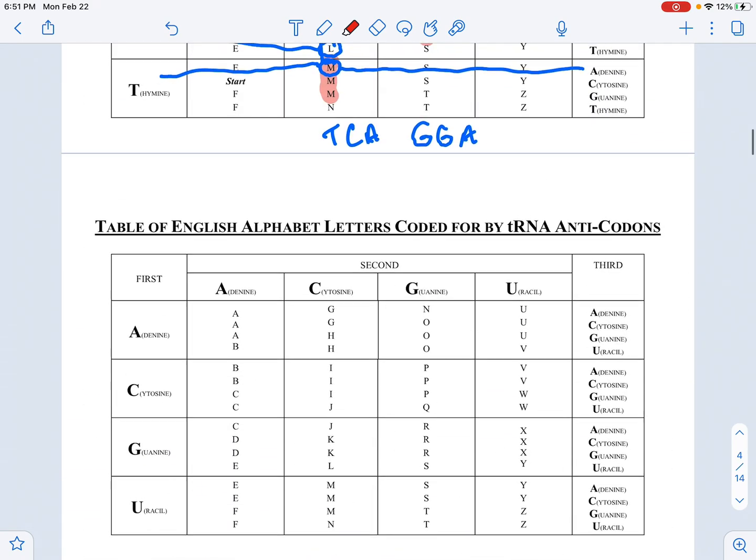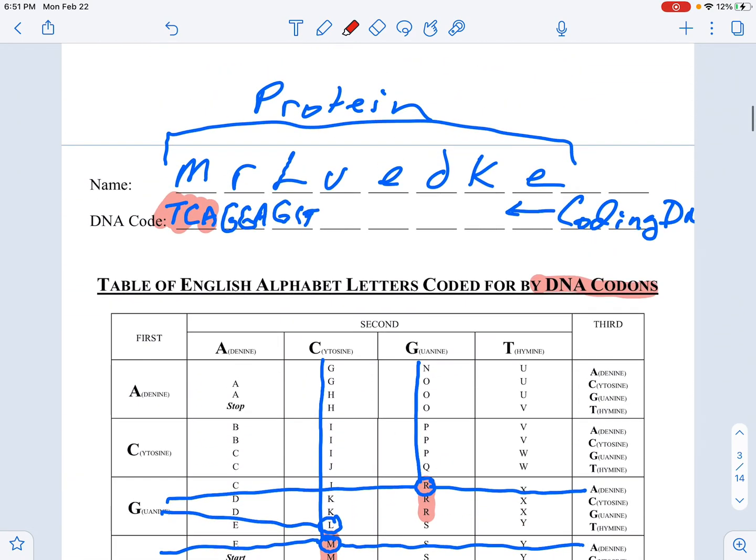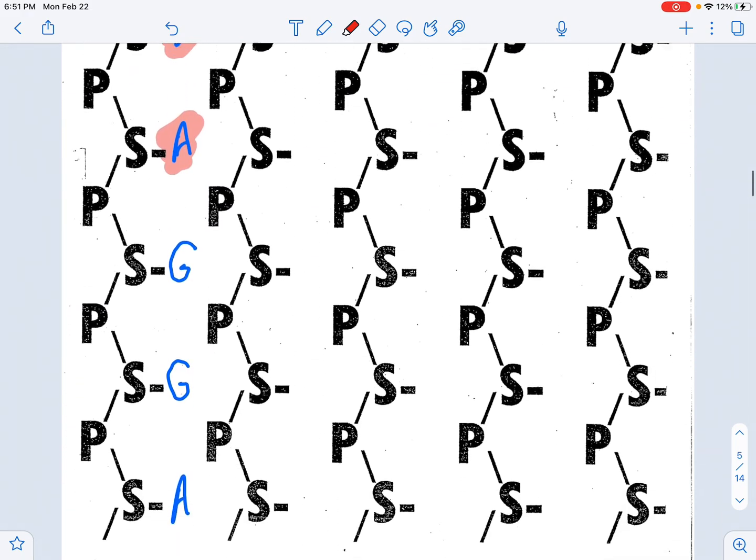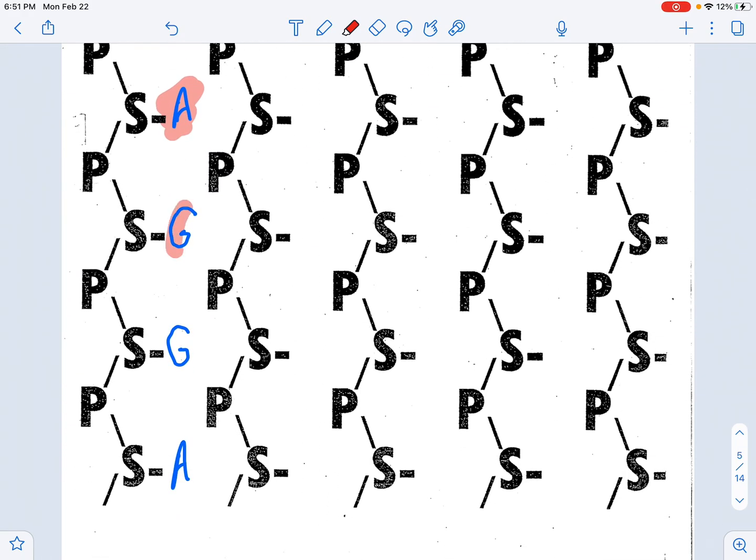Then if we go back up and look at the next codon, we had the sequence of GGA. So then here it is, GGA.